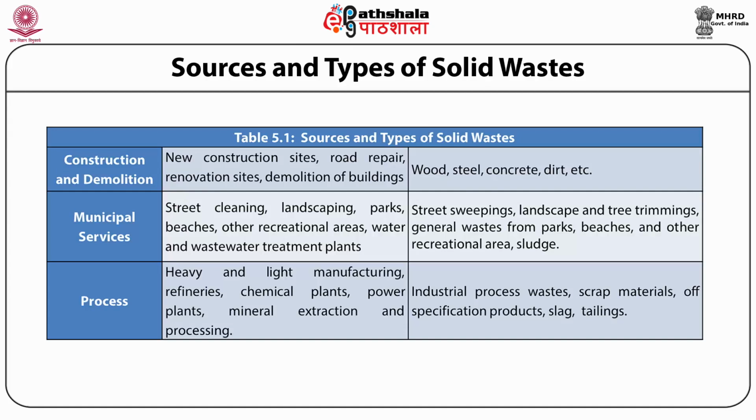And the types of solid waste are street sweepings, landscape and tree trimmings, general waste from parks, beaches and other recreational areas, and sludges, etc. And the last source is the process, where the waste generators are heavy and light manufacturing, refineries, chemical plants, power plants, mineral extraction and processing. And the types of solid waste are industrial process waste, scrap materials, off-specification products, slag and tailings, etc.